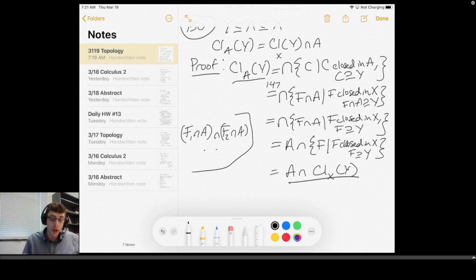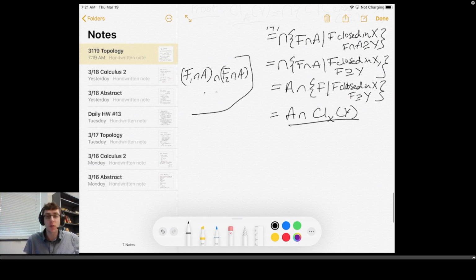So, you could try to do the same thing for the union, right? And you would see at some point that it fails. Since we already saw the example, let's just try to prove the one way that is true.